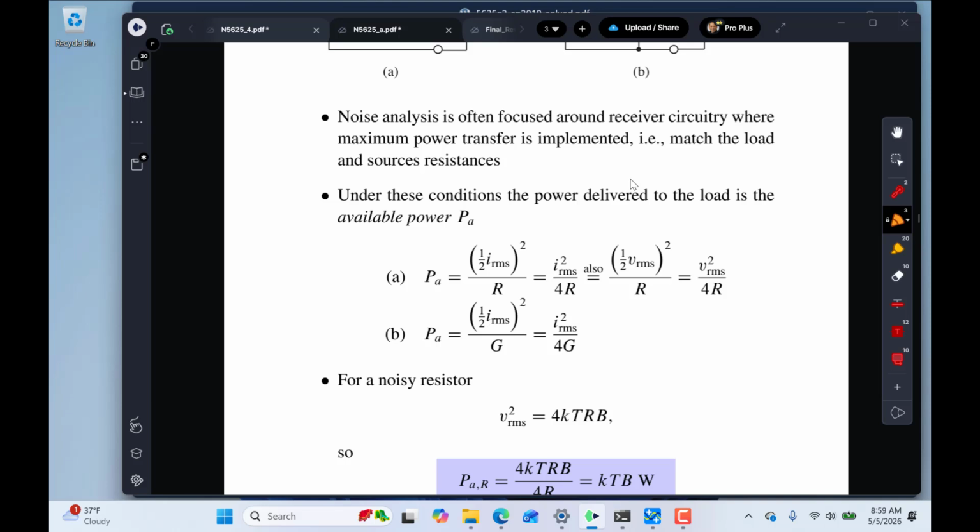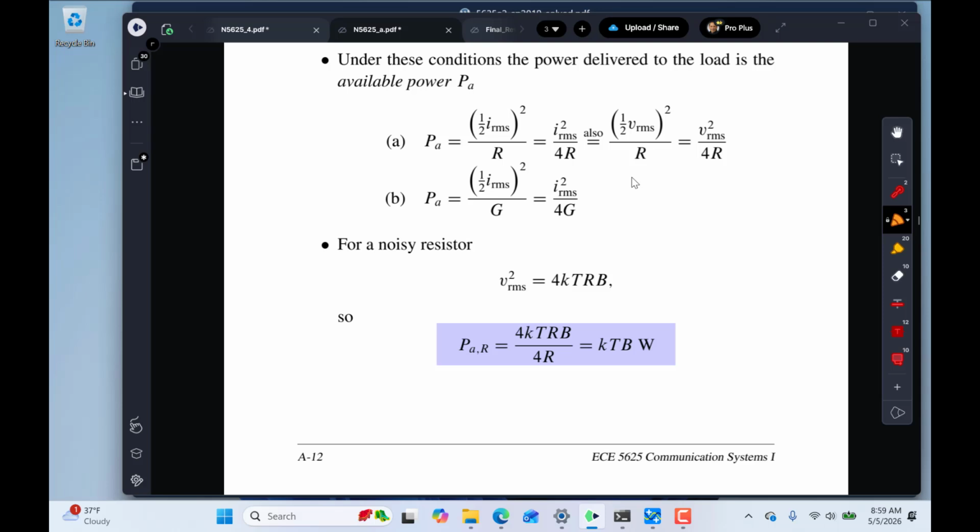So you can go through this sort of modeling. So the power delivered to the load is the available power when we do conjugate matching, or if it's real impedances, it's just source resistance matching.